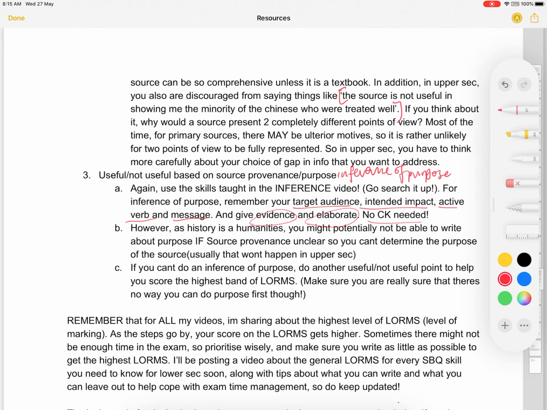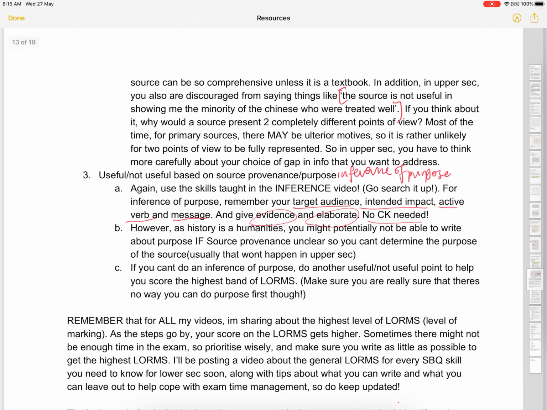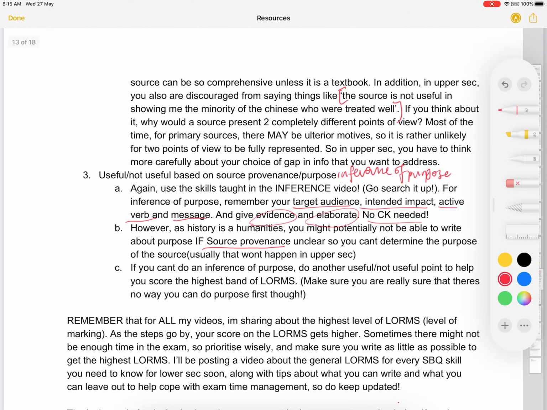However, as history is a humanities subject, you might potentially not be able to write about purpose if the source purpose is unclear, so you can't determine the purpose of the source. Remember, in my previous video, I talked about how source provenance is very, very important when you're doing inference of purpose. So if the source provenance is unclear or not specific enough, you might not be able to do your useful or not useful based on purpose.